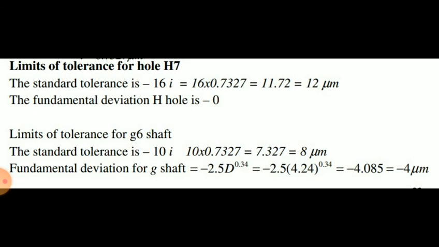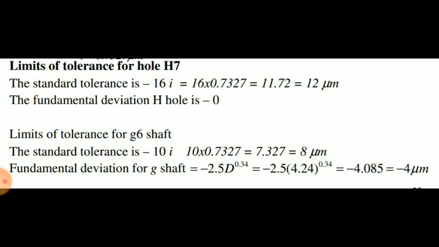So 16i means 16 into the value of I that we have already calculated, 0.7327. So it is 11.72, that is 12 micrometer, or microns. And the fundamental deviation for H hole is 0.